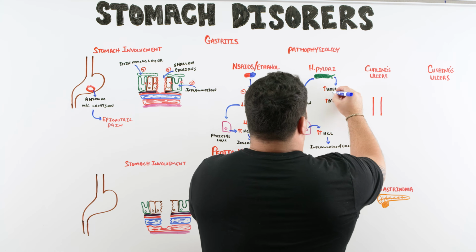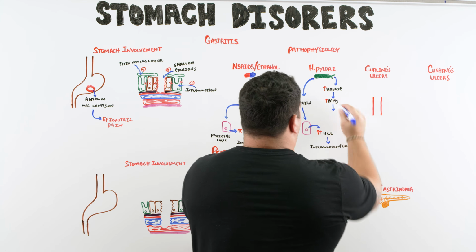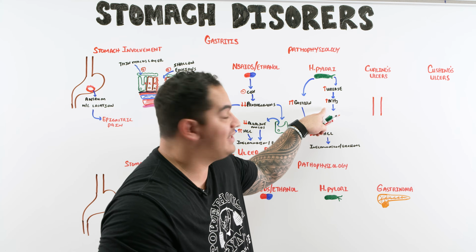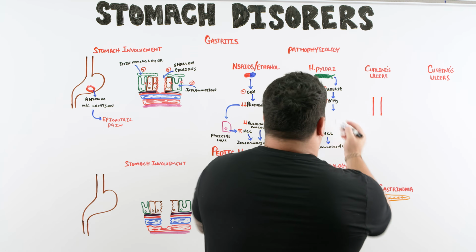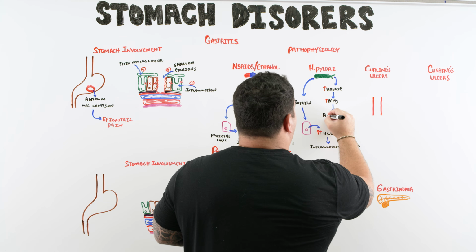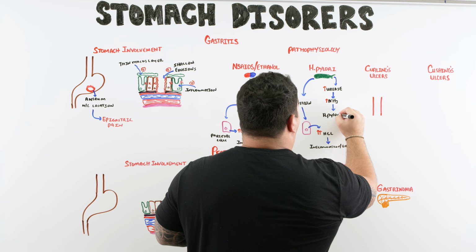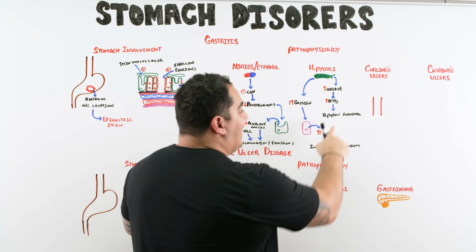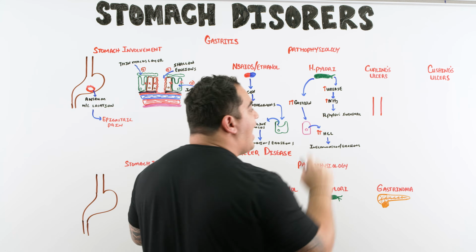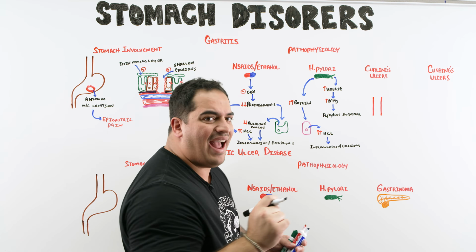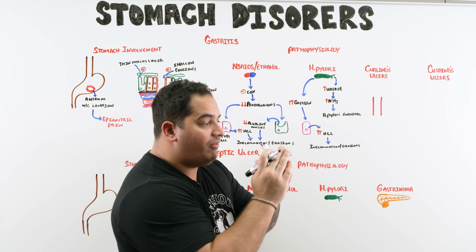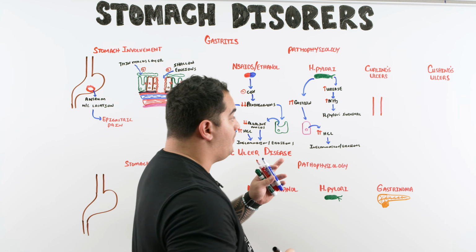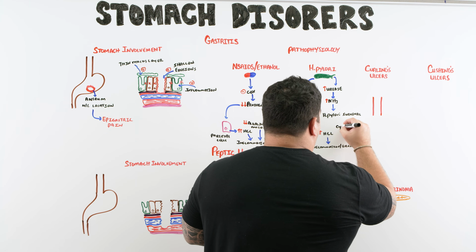When it makes lots of this ammonia, it makes the actual pH of the stomach more alkaline because this is a base. And when you make the pH more alkaline, it increases H. pylori survival. These things can survive longer. And these things have particular types of toxins like CagA and VacA toxins that they release that affect the permeability and directly injure the actual cells of the mucosa. And so they induce a cytotoxicity.